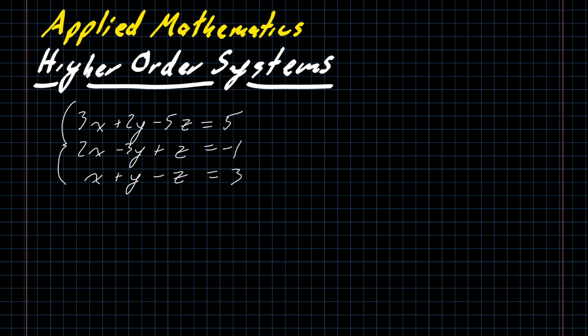All right. 3x plus 2y minus 5z equals 5. 2x minus 3y plus z equals negative 1, and x plus y minus z equals 3. Same process we've talked about before.